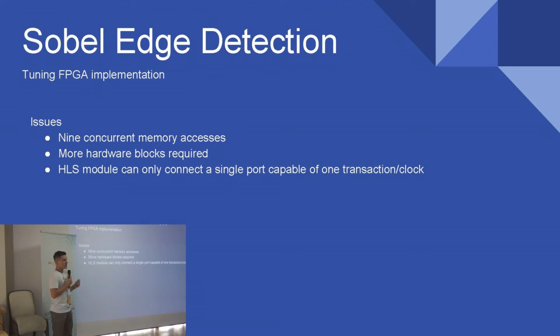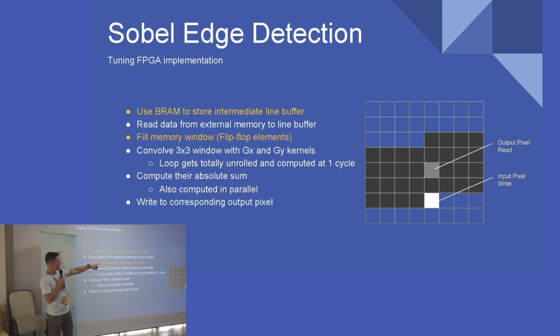Usually we solve this by introducing a temporary buffer of 2 lines, which contains intermediate results. So while we fetch data, we keep those black regions in our block RAM, so it's free to access them. That's why we avoid 9 memory accesses.